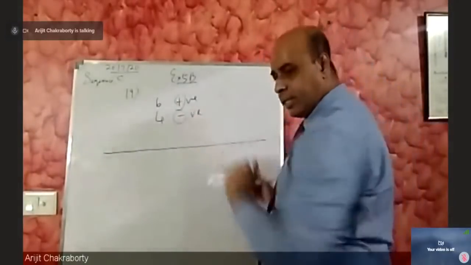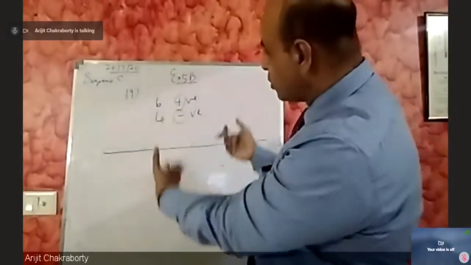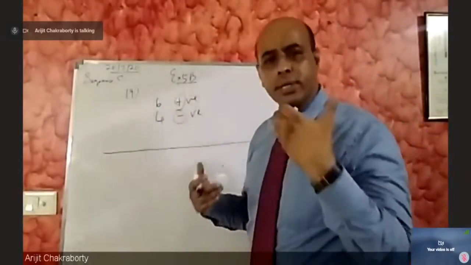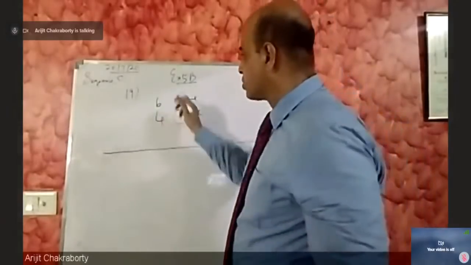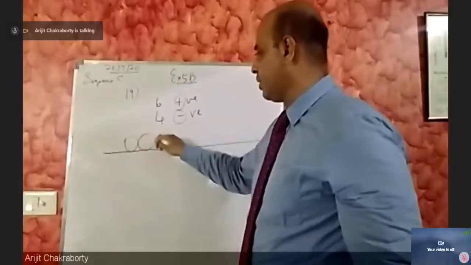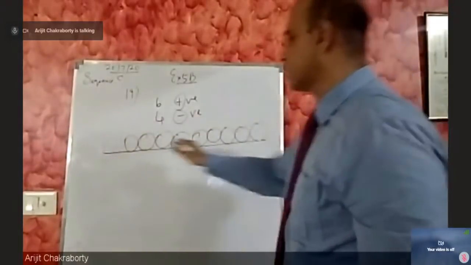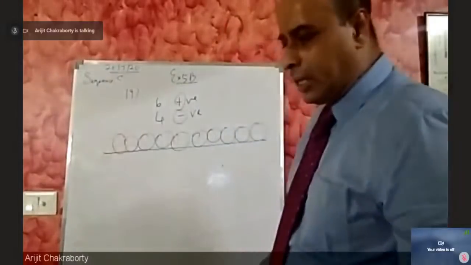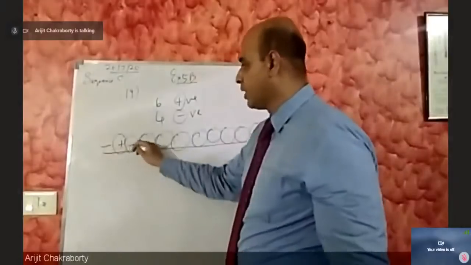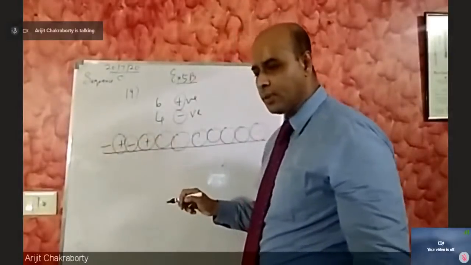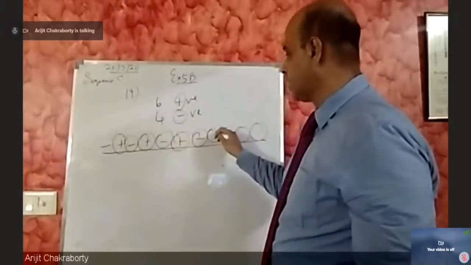Now here, if you see the way to arrange, because permutation is an arrangement, combination is an arrangement. So let us see the way. Let us draw the positions. We can put it in this way: minus, plus, minus, plus, minus, plus, minus, plus.